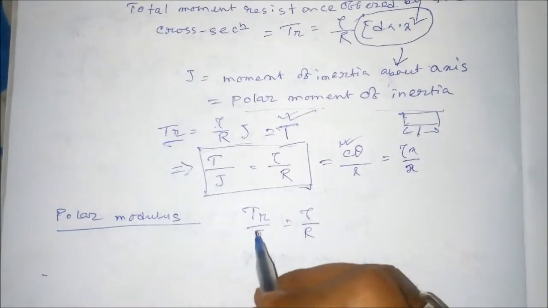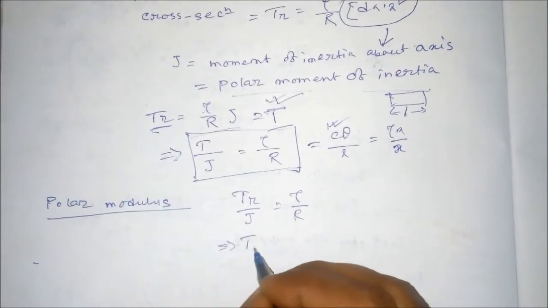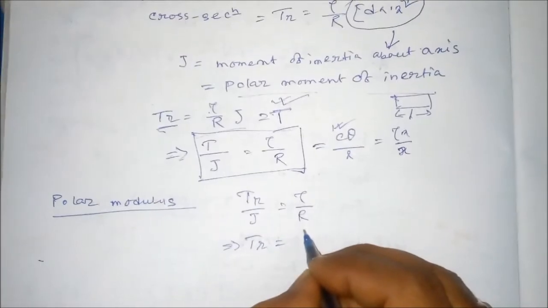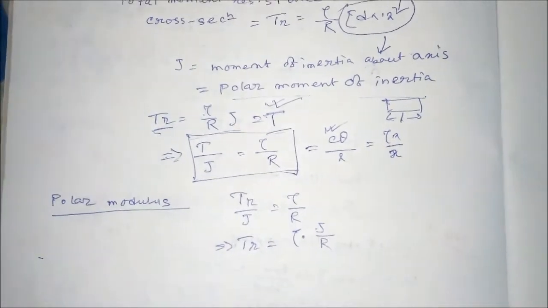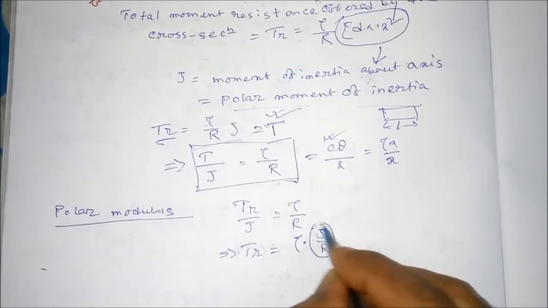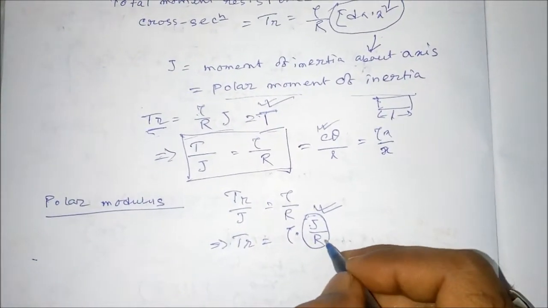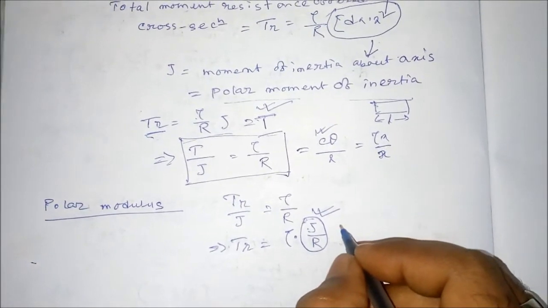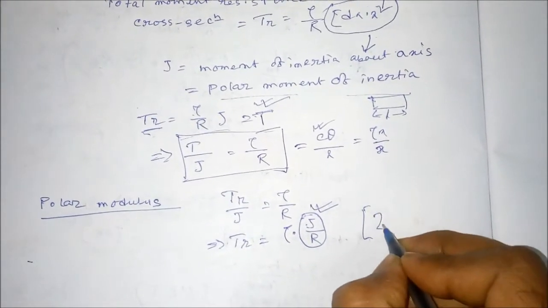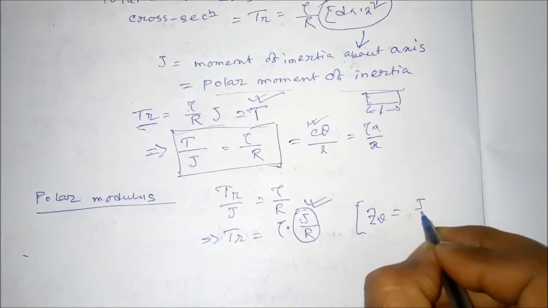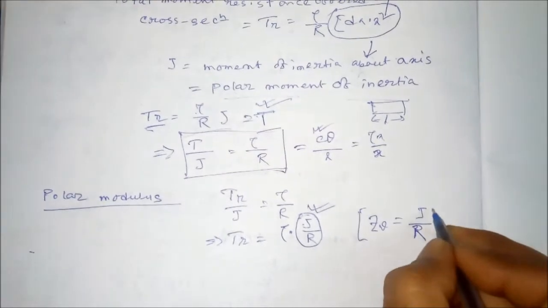From this equation we can say T equals tau multiplied by J by R. Now this J by R we can say is the polar modulus, and we can represent it with Zp. Suppose we are indicating this with Zp, this will be equal to J by R.